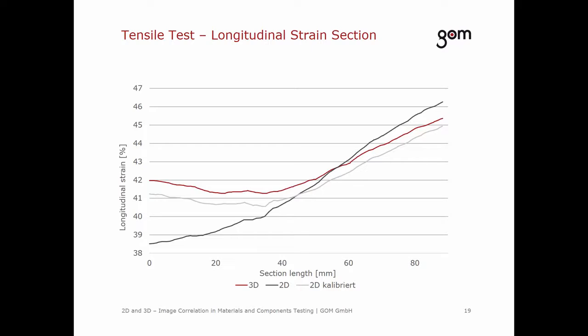This difference is relevant for strain values of this extent, because the n value and the r value are determined in the range of high plastic strain. And we have almost 50% of longitudinal strain. In the calibrated 2D measurement, you can see an offset, as I said before, of around 0.5%.